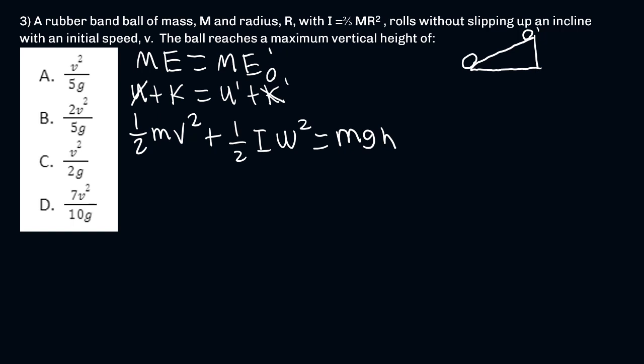All right, so we should have 1/2 mv squared plus 1/2 moment of inertia times omega squared is equal to mgh. One problem with this though, we do not have the angular velocity, and in our answer choices we have translational velocity v. So what I'm going to do with this is actually make my rotational kinetic energy, we are going to make our angular velocity there into translational coordinates.